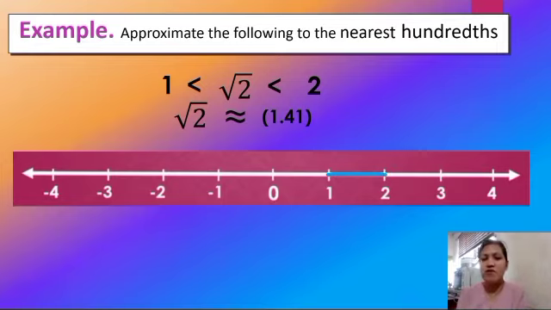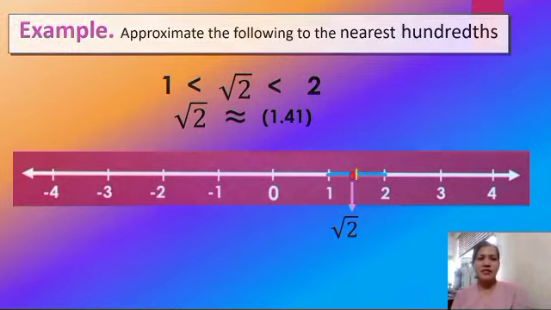So, 1.4. So, nasan ba yung 0.5? So, 1.5 yan, gitna, di ba? So, approximately, ang point natin ay nasa malapit lang sa 1.5. So, 1.41. So, that is square root of 2. So, there is where square root of 2 lies. Next.